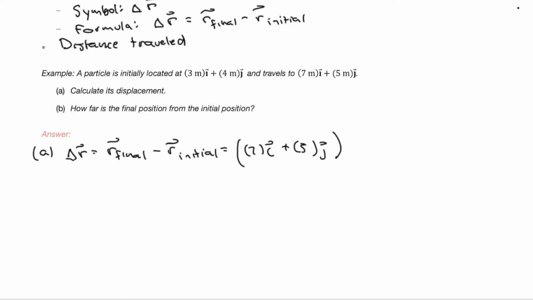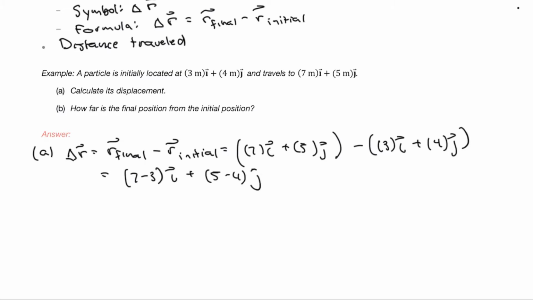And now we need to subtract off the initial position, 3i plus 4j. Now subtracting this is the same as we saw before, where we subtract component by component. And so the x component is simply 7 minus 3, and the y component is simply 5 minus 4. In the end, that just gives us 4i plus 1j.